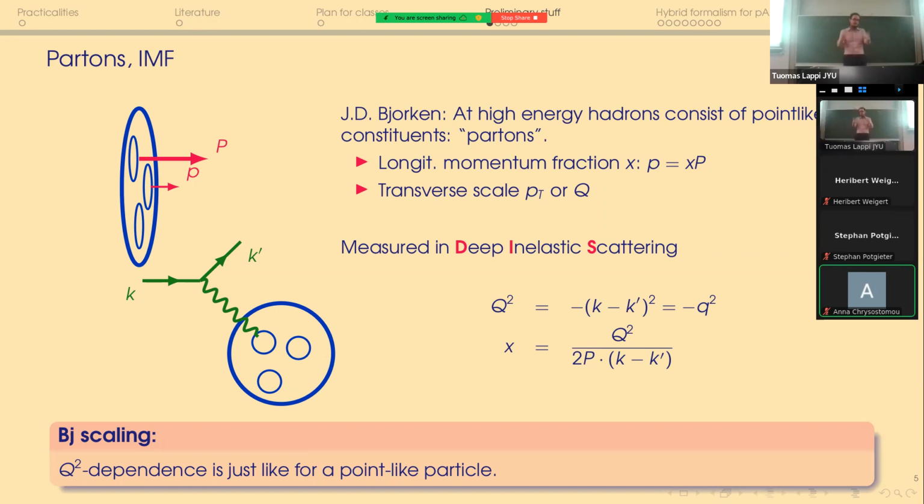And this you repeat at higher order. People calculate one loop, two loop calculations in collinear factorization, and you always calculate in the way that the partons have only longitudinal momentum. But that's not actually the way you think about the process.